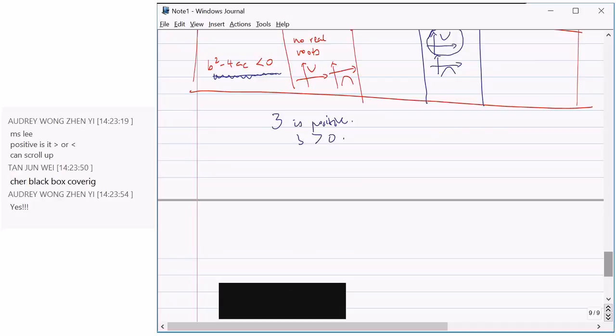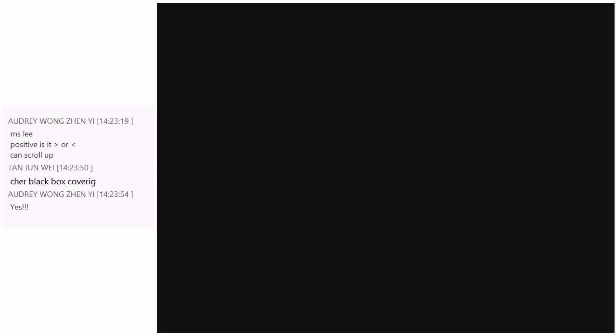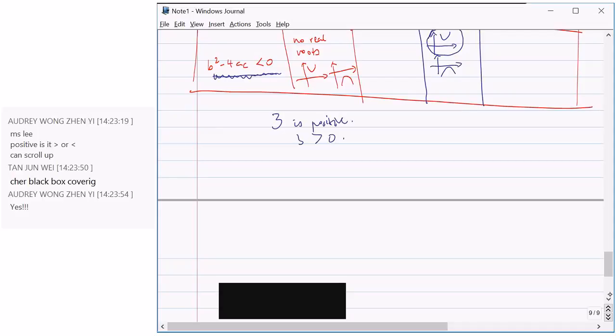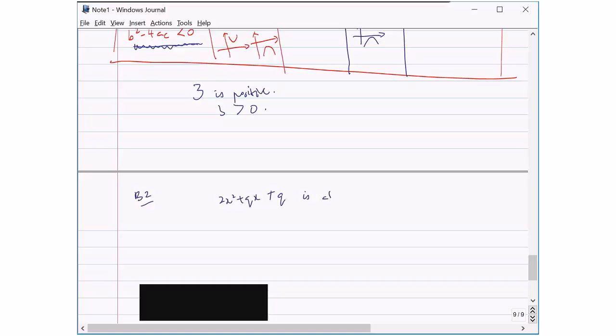Let's see the question first. 2x squared plus qx plus q is always positive. They say 2x squared plus qx plus q is always positive.